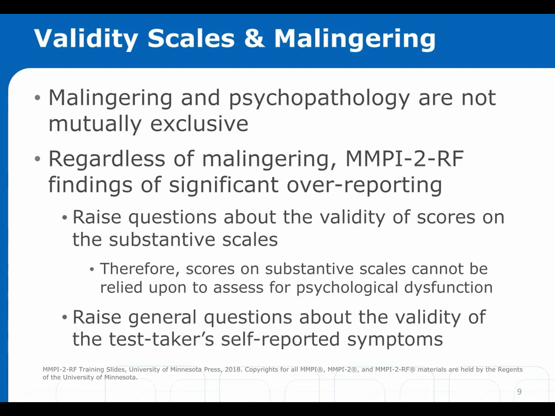Also, when elevations occur on the MMPI-2-RF overreporting scales, this does raise questions in general about the validity of the test taker's report, not only to the MMPI-2-RF, but also to other self-report inventories, or of course their self-report in a clinical interview.